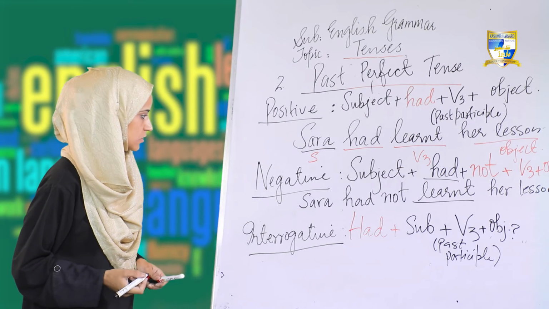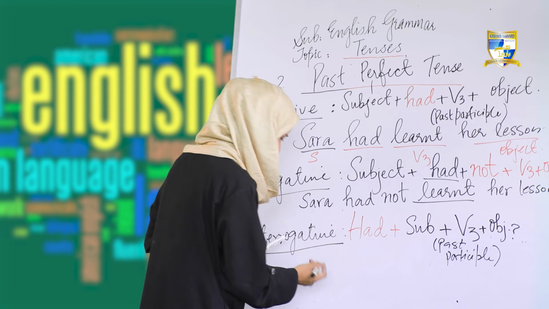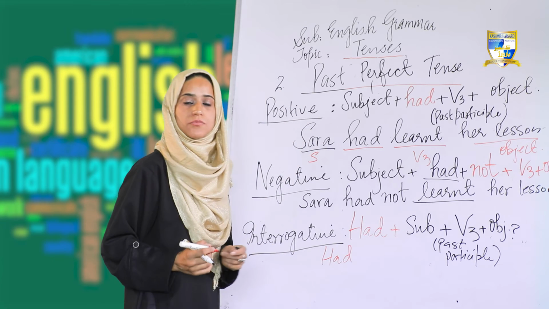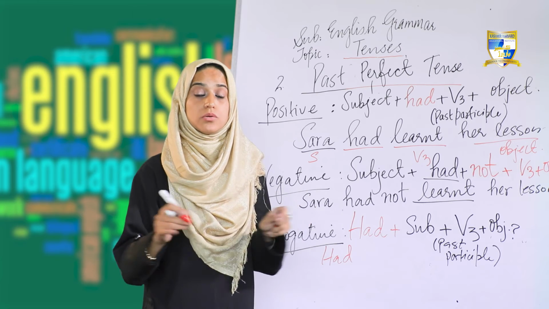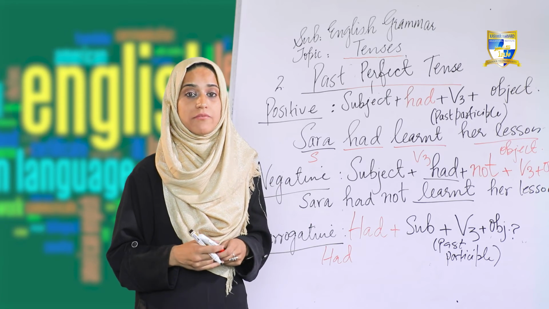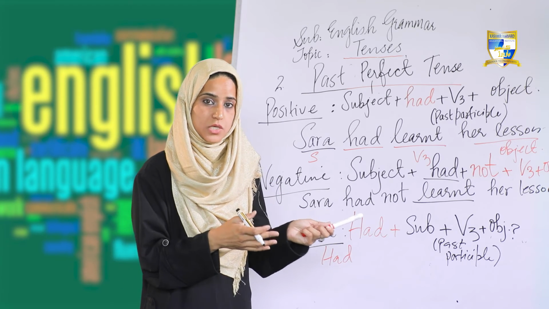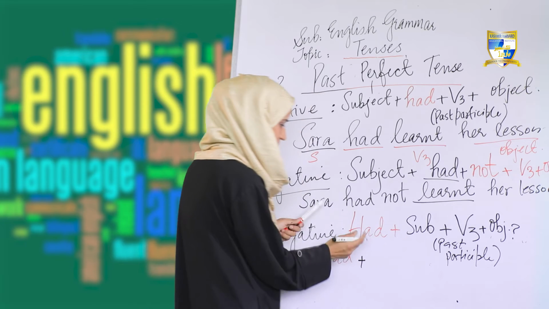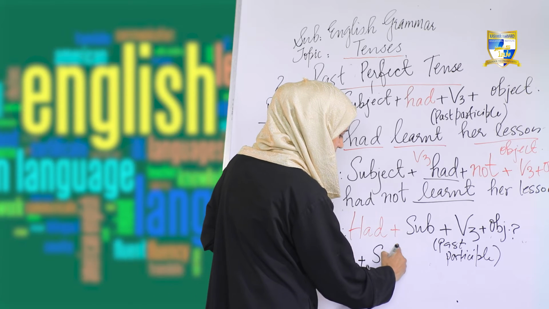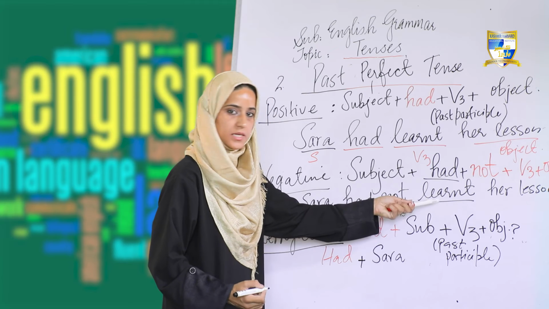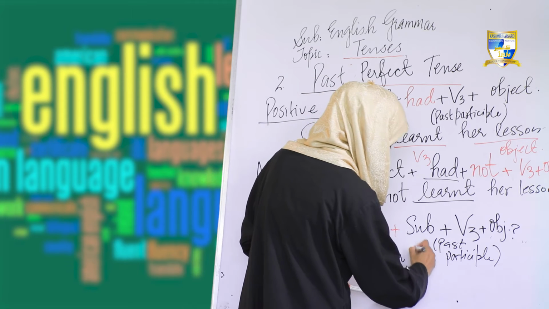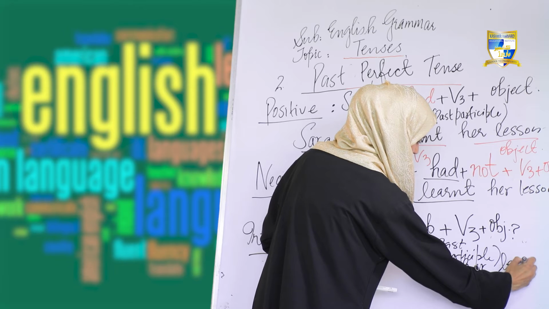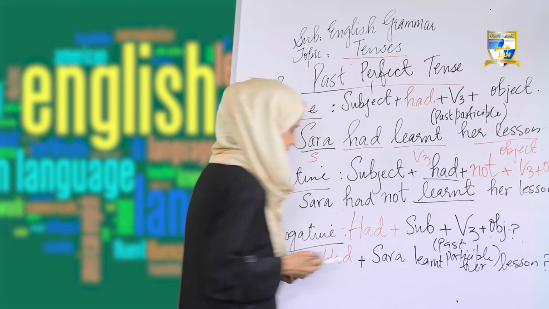Okay, dear students, let's make an example. Had. Since we are talking about past tenses, we do not use has or have. With singular or plural subject, we use had with both. Had Sarah learnt her lesson?